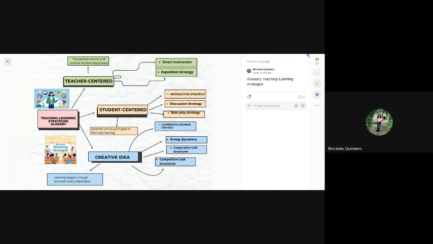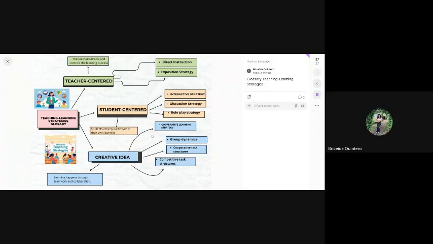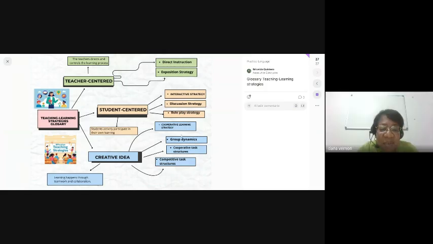Okay, I divide this in three parts. Teaching, learning strategies, and glossary. I forgot one S in this word. In the word glossary, I can see. Oh, okay. Yes, wow.